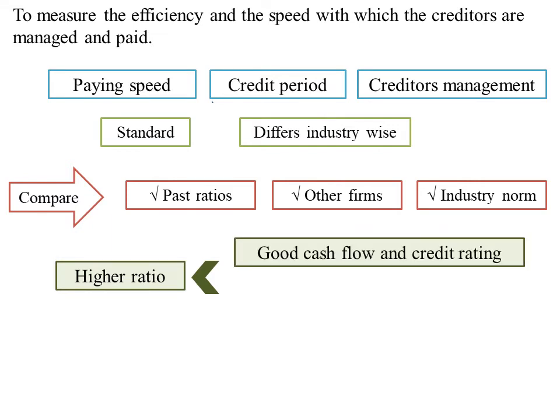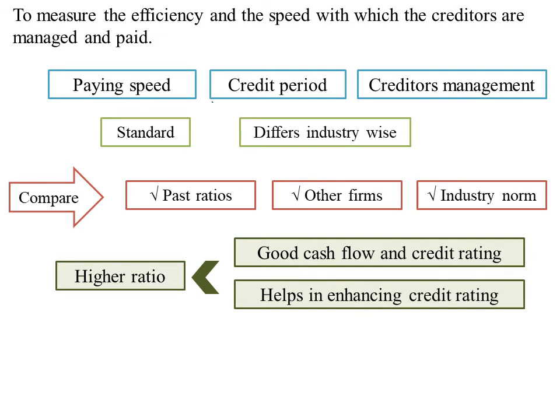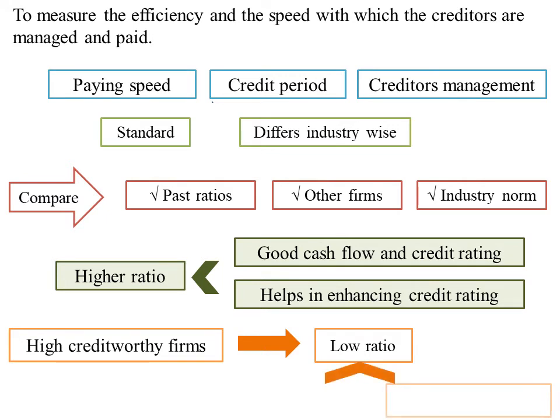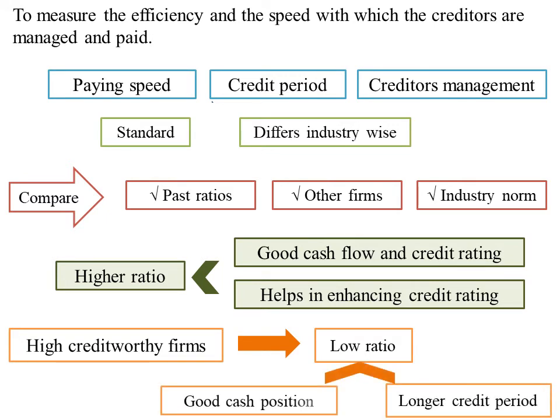Therefore, those firms trying to enhance their credit rating always try to achieve the highest possible ratio. Highly creditworthy firms can enjoy benefits of a lower ratio, that is, longer credit periods, which in turn helps in maintaining good cash positions. Now understand how to interpret this ratio.